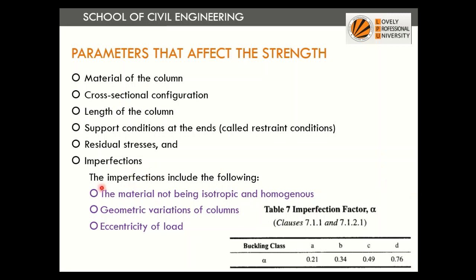So this is an important part, that alpha is basically the imperfection factor. There can be eccentricity of load which we do not know. There can be material that is not isotropic. We are assuming that material is homogeneous and isotropic. There can be some geometric variations in the column which we as designers are not aware of. So to take care of all the uncertainties of imperfection in this section, code has given scope for value of alpha.